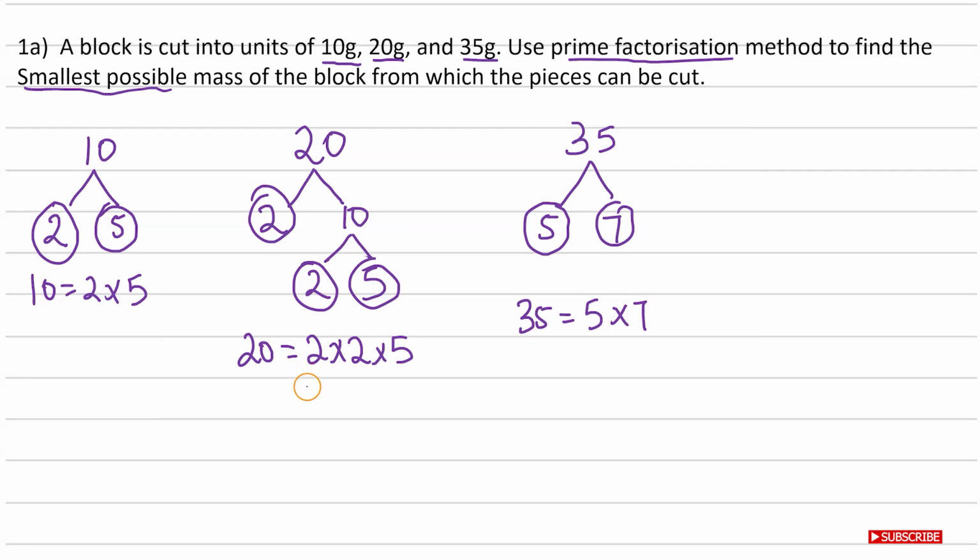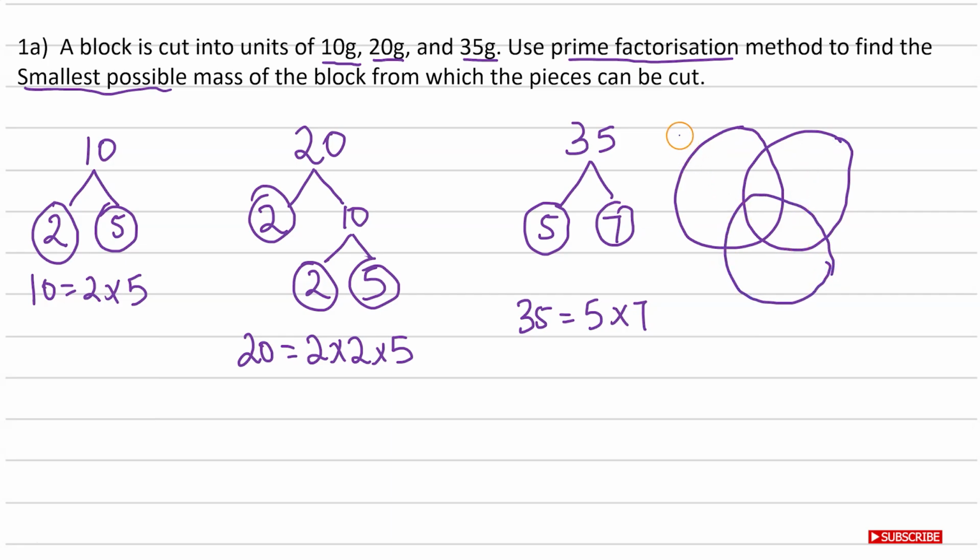Now to see this clearly, I like to use the Venn diagram. I've got three numbers, so I'm going to have three circles. Let me say this one belongs to number 10, this one belongs to number 20, and this one belongs to number 35.